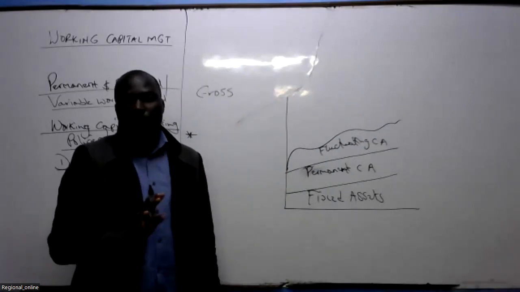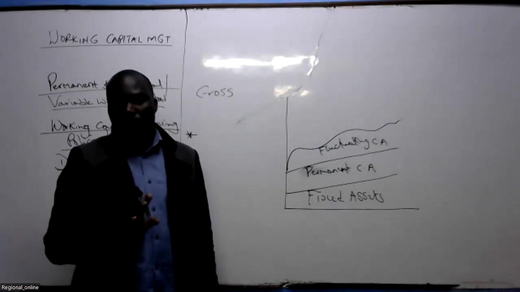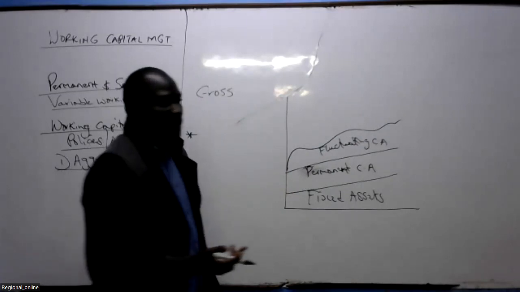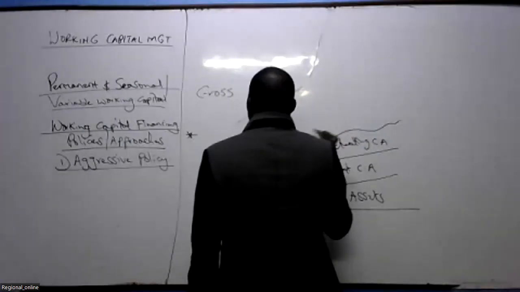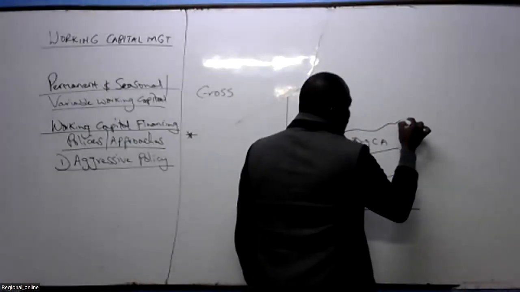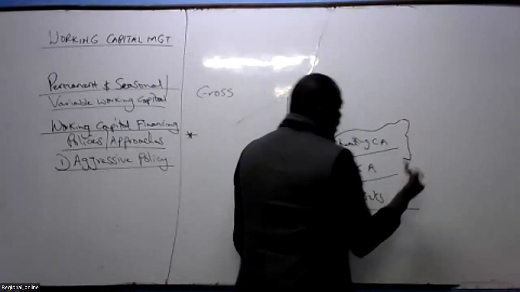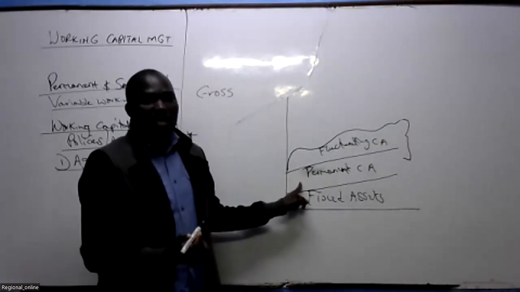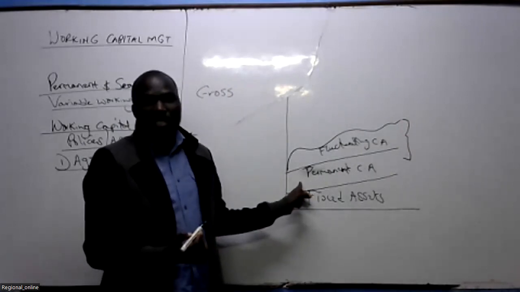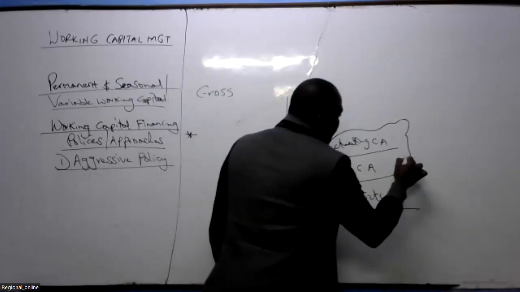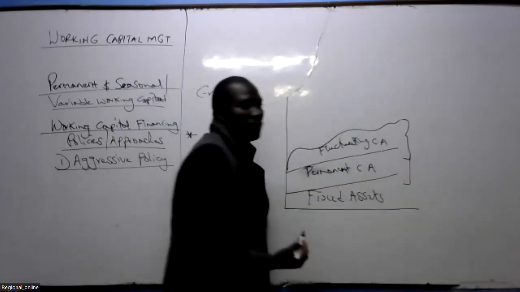Now, an aggressive firm will always go in for short-term funds because we don't fear risk, you are very much aggressive. So when you're using the aggressive policy, the short-term funds will finance the fluctuating current assets and a portion of permanent current assets. But a firm that is extremely aggressive can even finance part of the fixed assets.